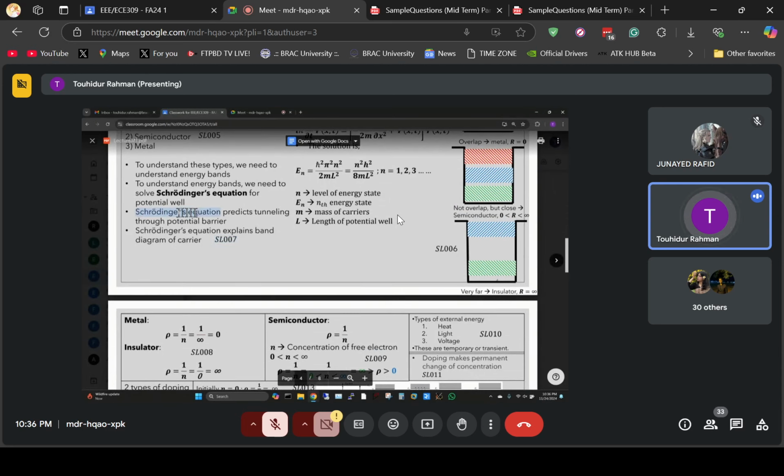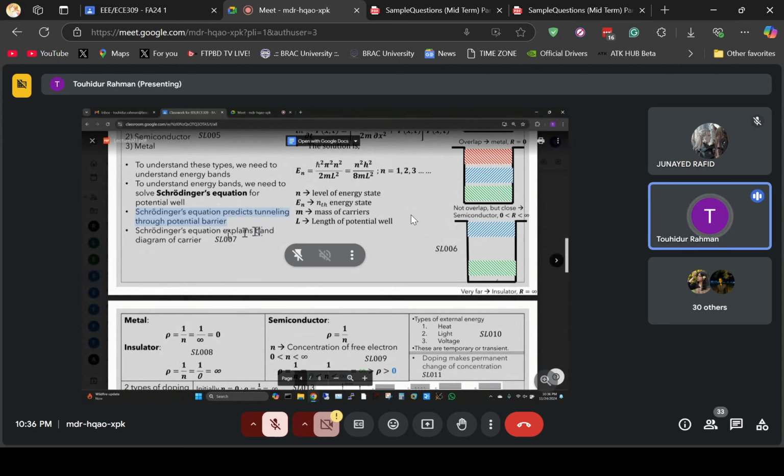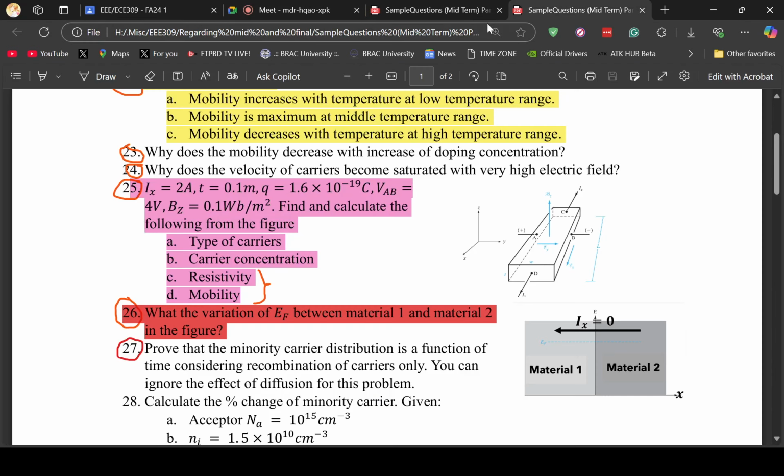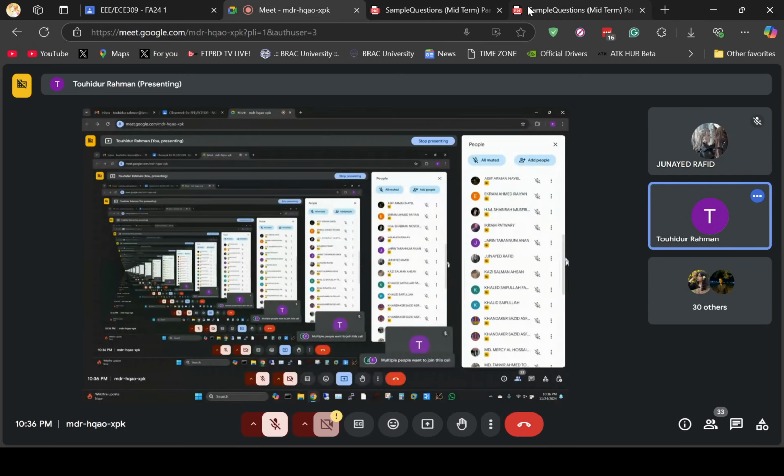So this is the prediction that there will be a barrier, a tunneling through the barrier. Okay. Sir, thank you, sir. And also there will be band structure. The carrier will stay in a band. Or any other question? Who was that? Sir, it was me, Zarin. Okay. Any other question?